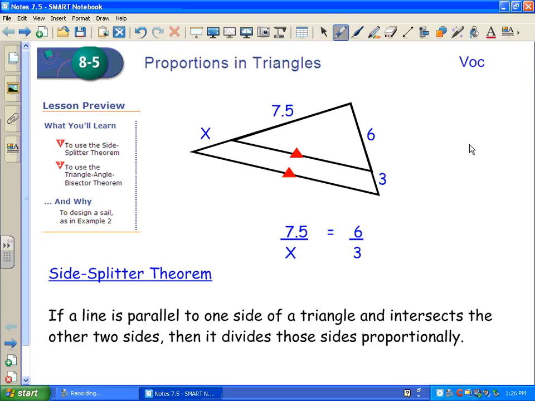So since these two are parallel here, this splitter splits your problem. Now, really, I'm comparing a triangle to a trapezoid measurement, because 7.5 is on this triangle, but x is on this trapezoid.